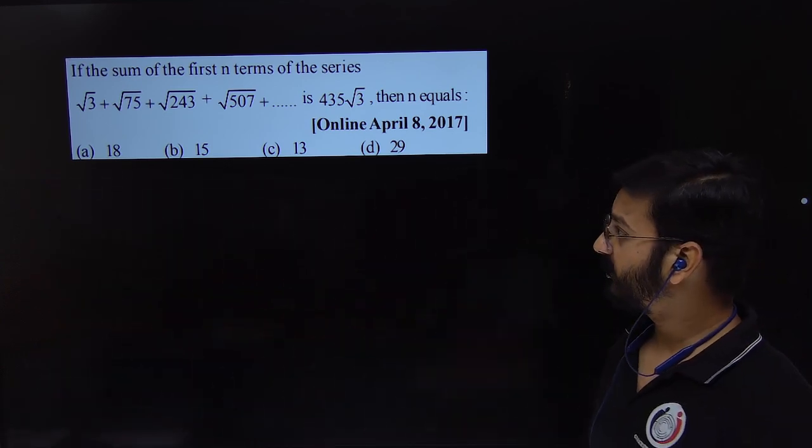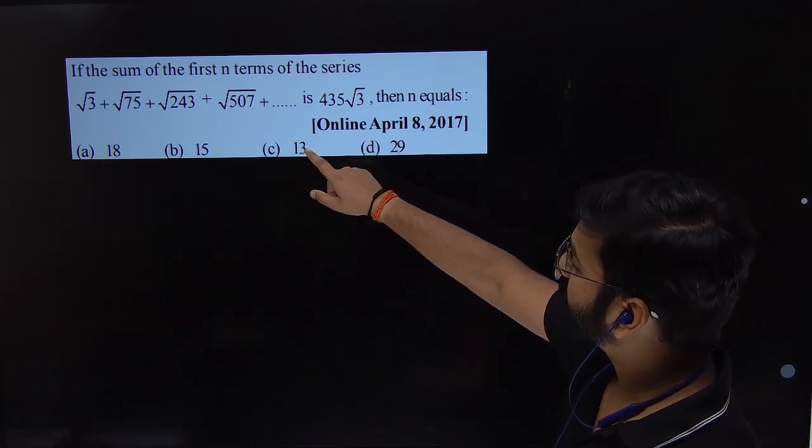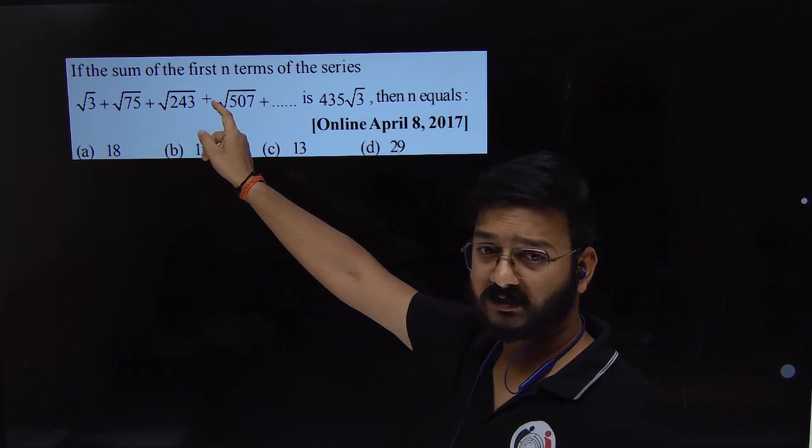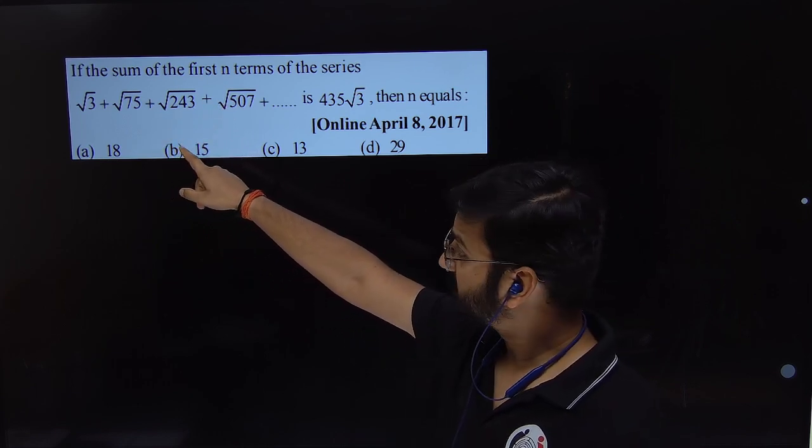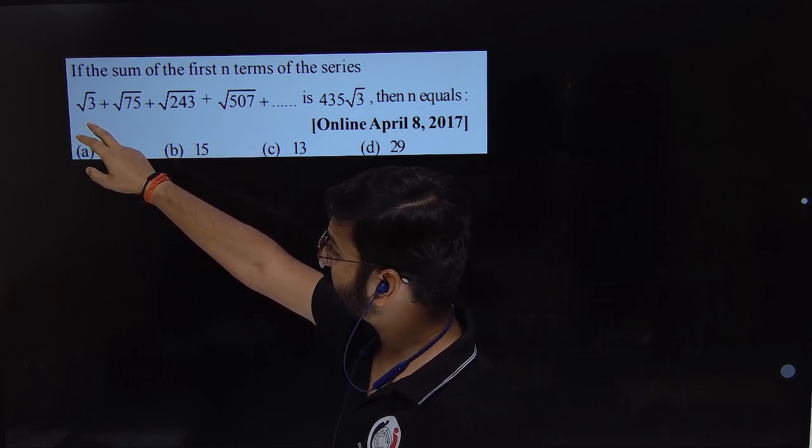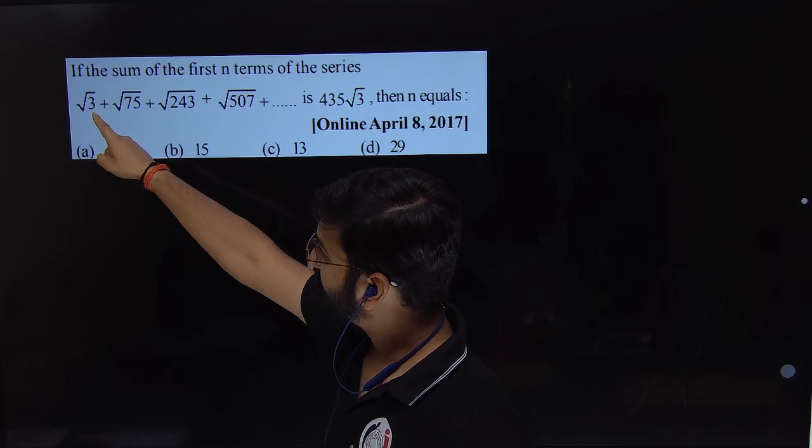So this one is homework for you. I will give the hint. All of you see on the board. What can we take common from all the terms? Root 3. The moment you take root 3 common, give me a few seconds to explain.